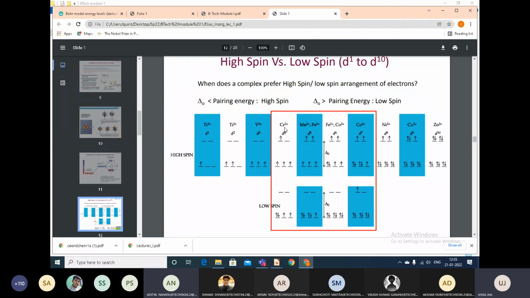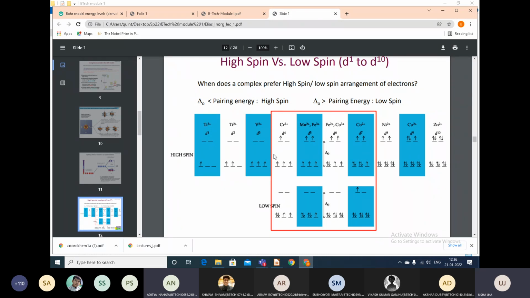Now comes, let us say, chromium +2, wherein you have d4 electrons. There are 4 electrons. So obviously the first 3 will occupy dxy, dxz, dyz. Now this done, what will the 4th one do? The fate of the 4th one will depend upon 2 factors.